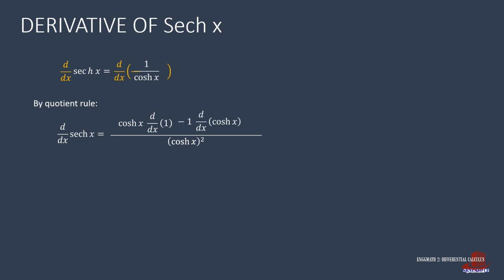Subtract the numerator of 1 times the derivative of the denominator, hyperbolic cosine. From the first term, the derivative of a constant is 0. Then the derivative of hyperbolic cosine is sine with dx over dx from chain rule.